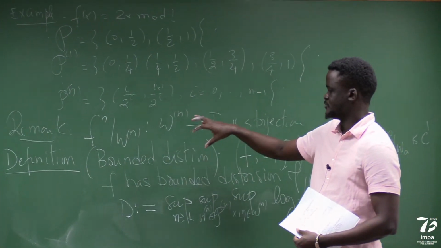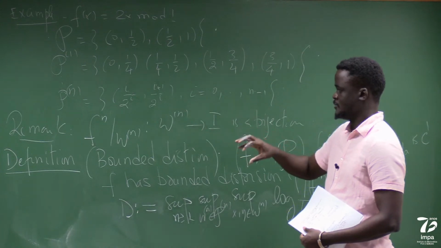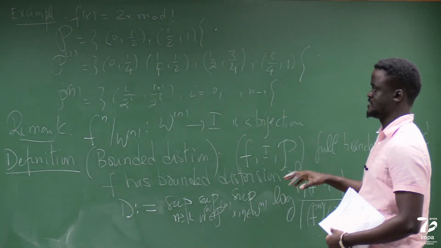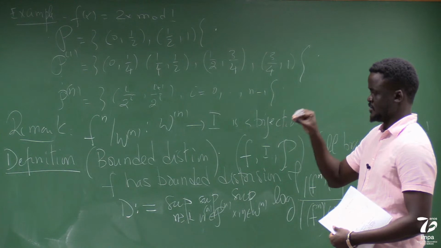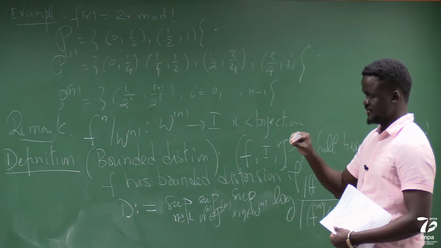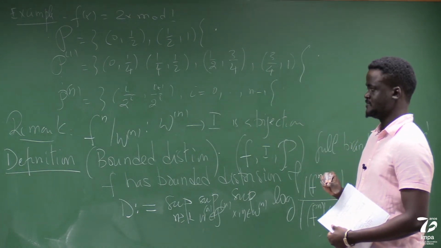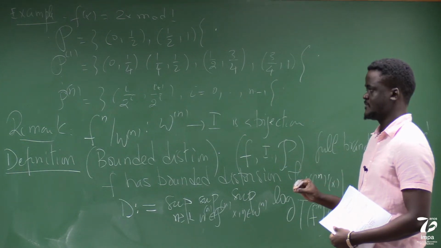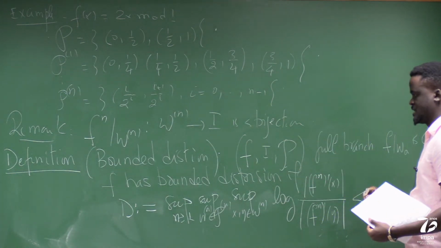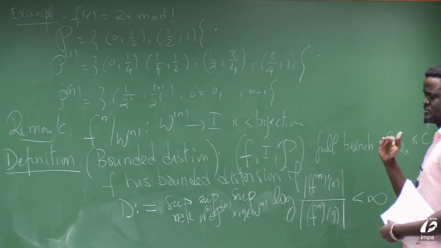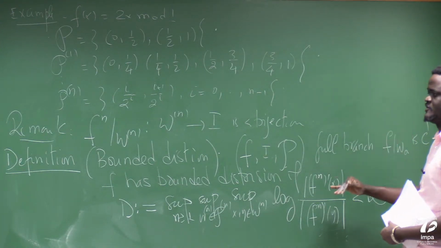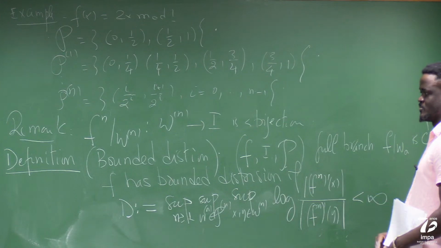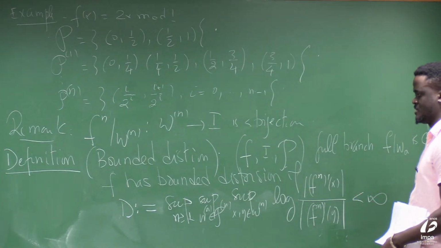You take your space, you chop it into pieces, and in each piece, those points have the same feature up to time n. Now, for those points to have the same feature up to time n, you want not only their feature, but also their first order, their derivative, to be comparable. That's what bounded distortion means.